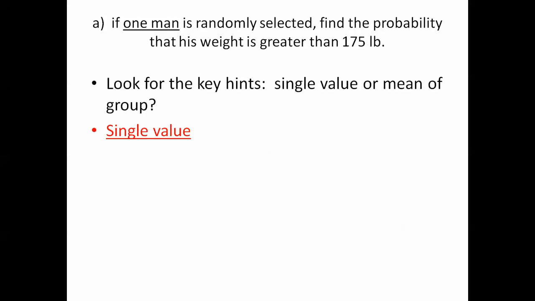It's a single value. We're looking for the probability that the weight of this one man is greater than 175 pounds. Since this is a single value, we're going to use the regular z-score formula that we've been using all along. And that formula is the x value that we're given minus the mean divided by the standard deviation.